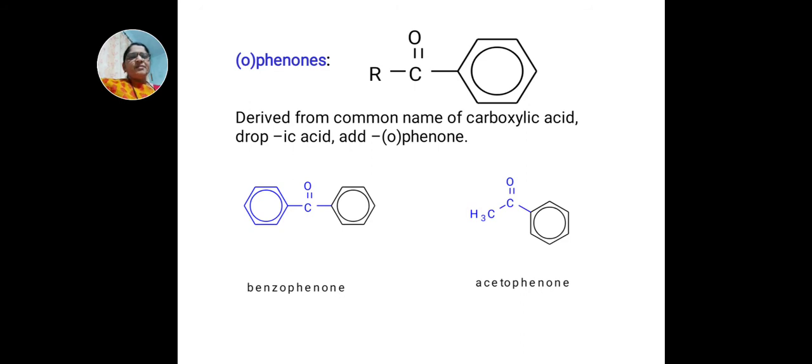Hence by replacing -ic acid of this benzoic acid by -phenone, the name of this compound becomes benzophenone. Then second, CH3COC6H5. By oxidation of this compound, it forms acetic acid. Hence, by replacing -ic acid again by -phenone, the name of this compound becomes acetophenone.